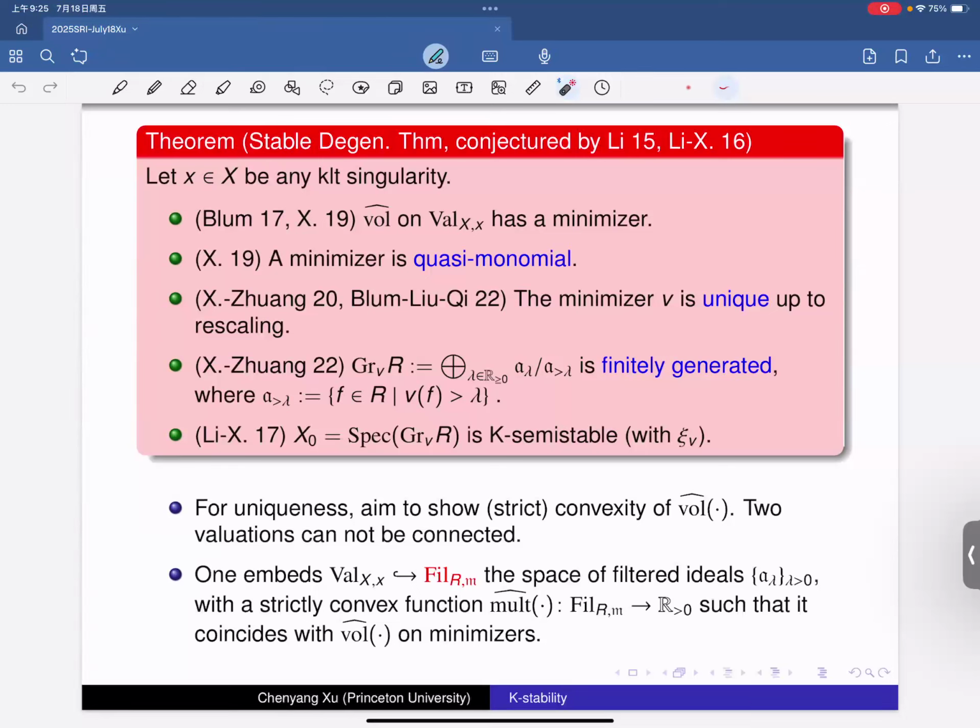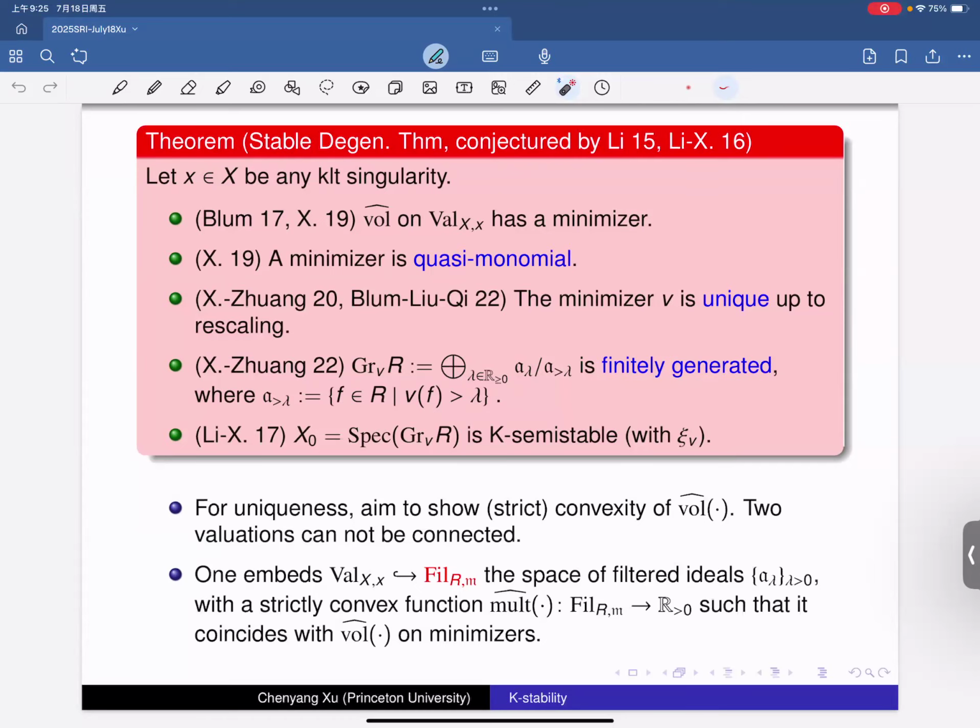for the minimizer, it is. And we actually also show that if you look at this minimizer and take the Spec, then you get an affine variety, and there is a torus action on this affine variety, together with one special real co-weight coming from the valuation. And if you put this data together, this X0 with its Reeb vector is K-semistable.